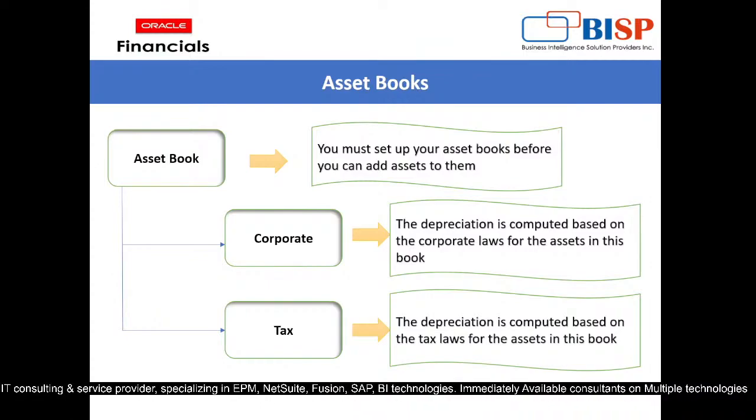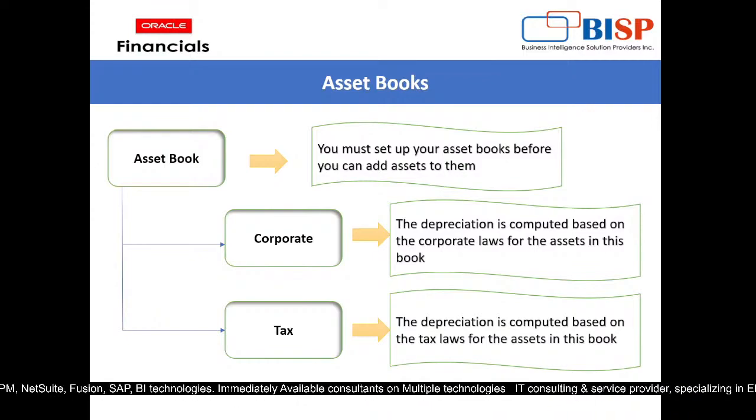We will be maintaining the assets in the corporate book, and then on a periodic basis we will be transferring those assets to the relevant tax books for tax computation purposes. This helps to maintain multiple accounting and depreciation representations for assets with minimal effort.